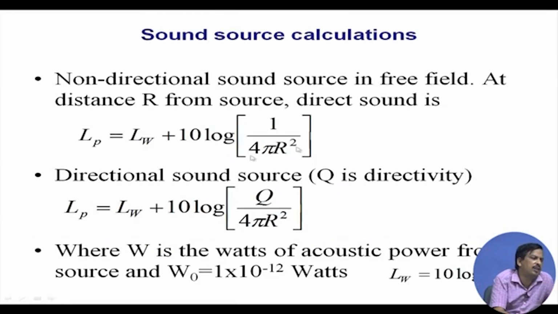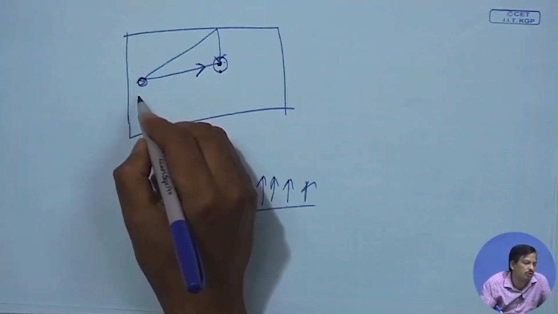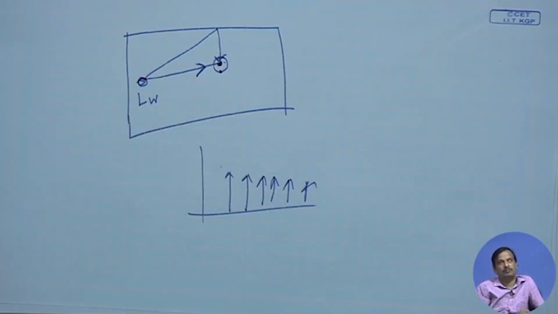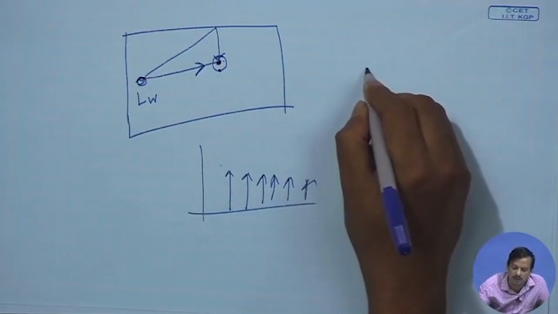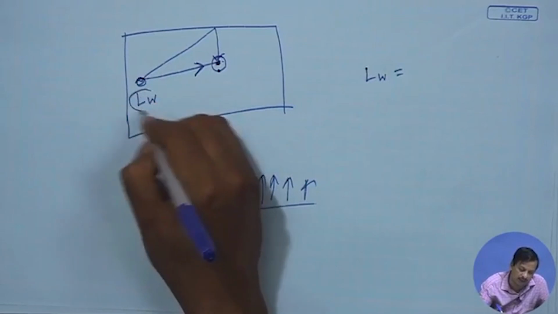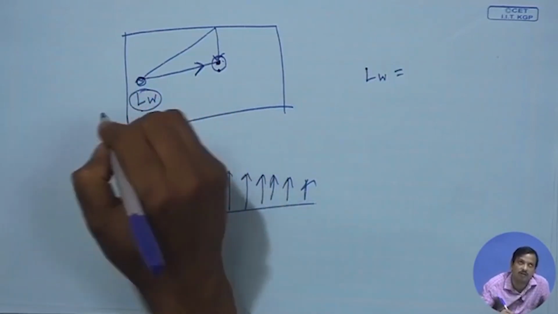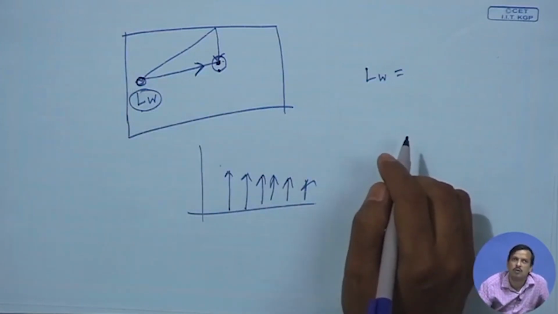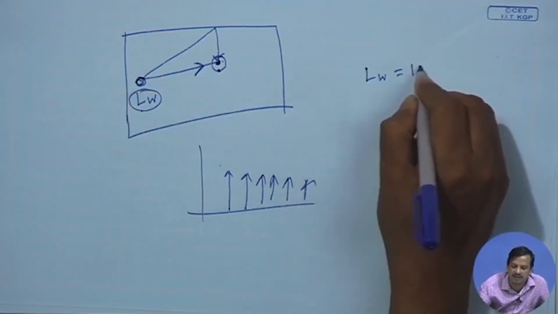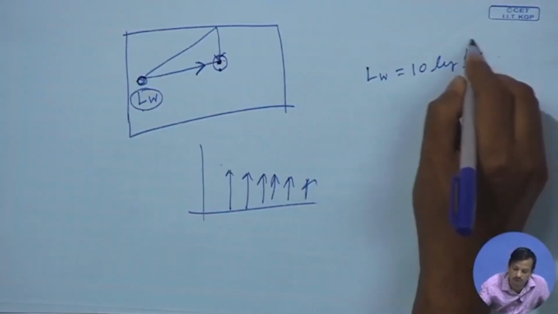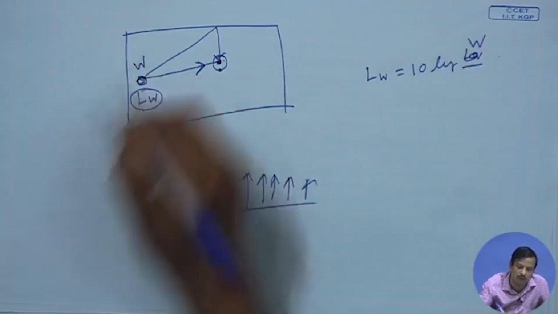Now, I have to calculate the source. Suppose in this room, let us switch on this source which has a power LW. So, what is LW? In watts, LW, the sound power level of this source, is the power of this source. So, if it is power, then it is 10 log W divided by the reference W0, where the source produces W watt power.